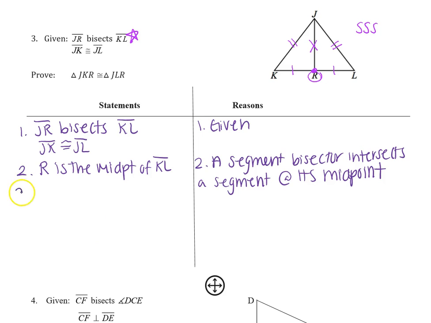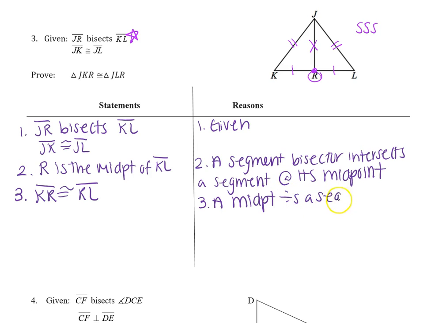Okay, now we can say that KR must be congruent to RL because a midpoint divides a segment into two congruent segments.